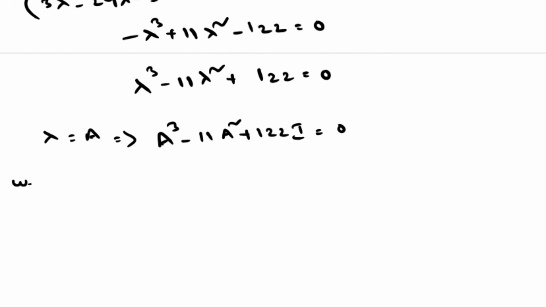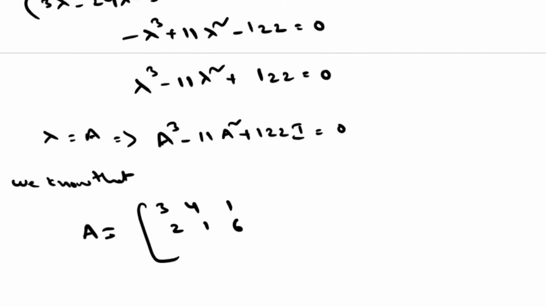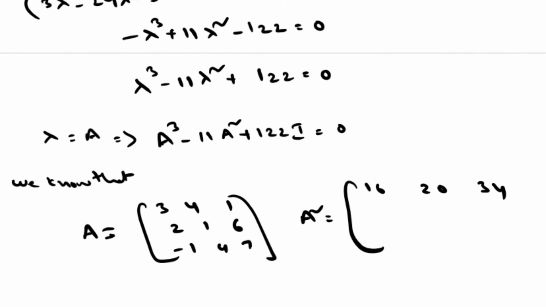We know that A equals to 3, 4, 1, 2, 1, 6, minus 1, 4 and 7. Therefore, A square is equal to 16, 20, 34, 2, 33, 50, minus 2, 28, 72.